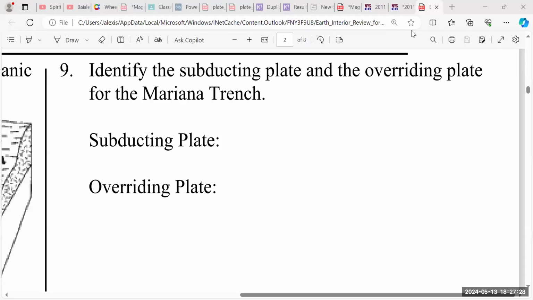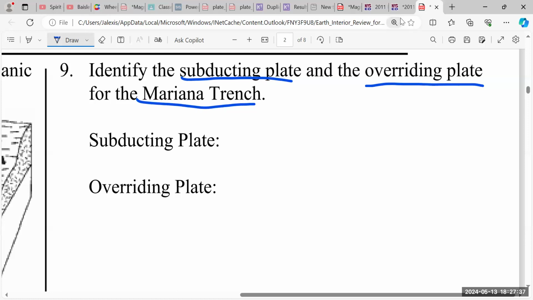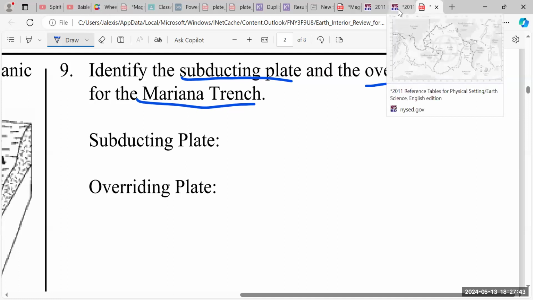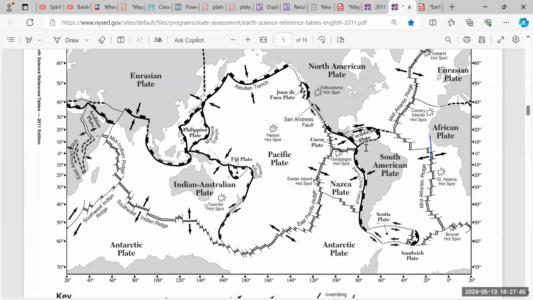Number nine says, identify the subducting plate and the overriding plate for the Mariana Trench. So where am I going to find the Mariana Trench in order to find the subducting and overriding plate? I'm looking at page 5 of the reference tables.